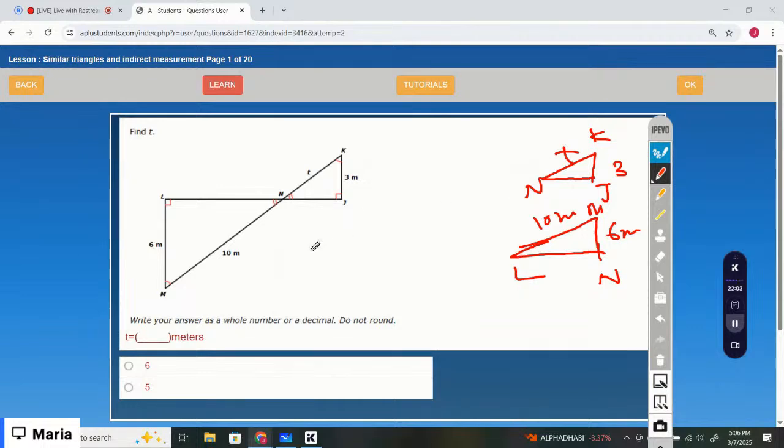So that is 3 divided by 6 equals T divided by 10. So T equals 3 times 10 over 6. That is T equals 30 divided by 6.